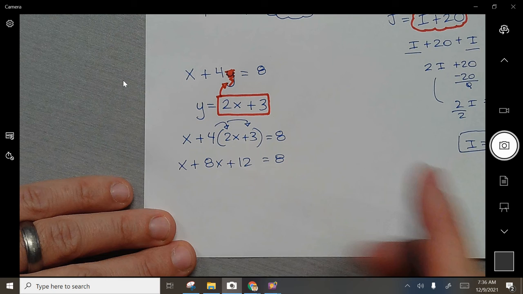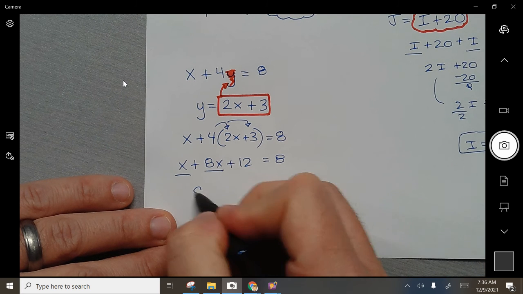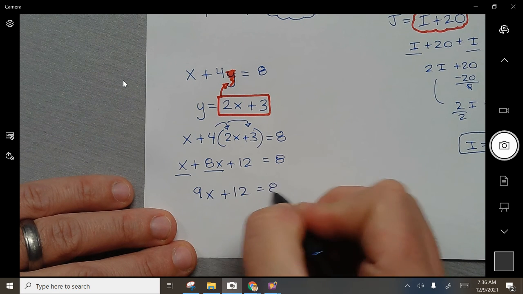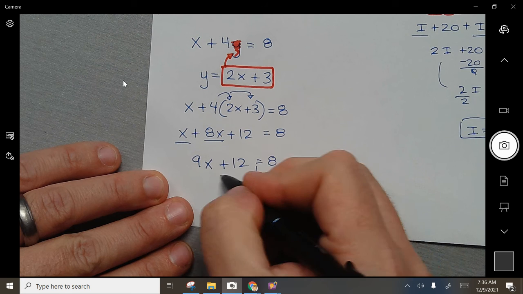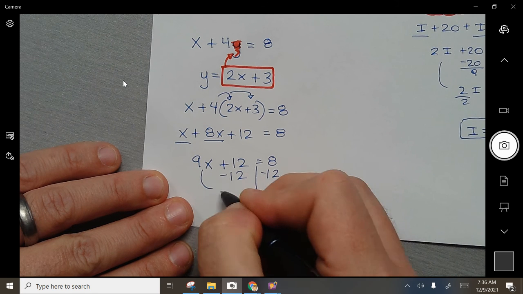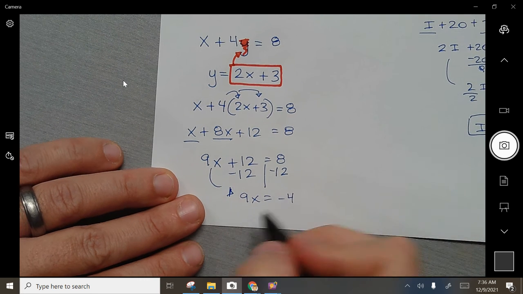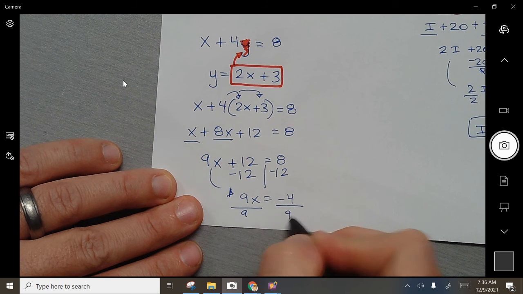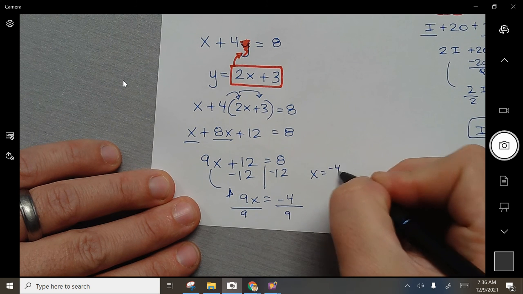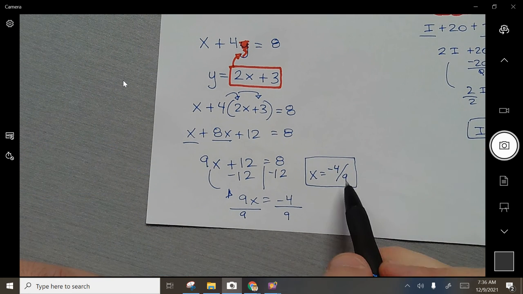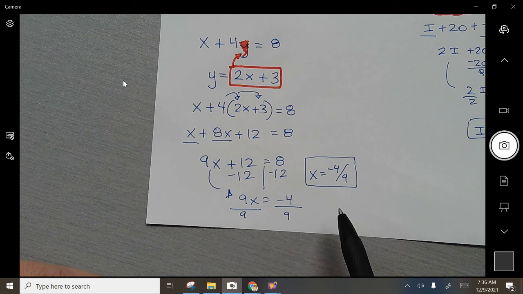Keep it going. 8x and x is going to be 9x. And then what? Subtract 12. X equals -4/9.